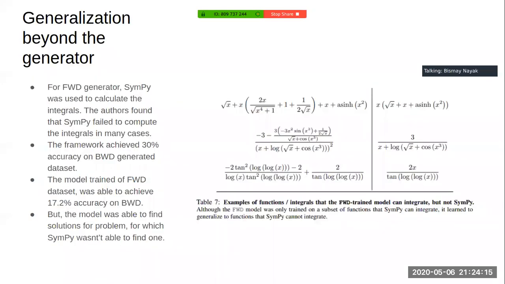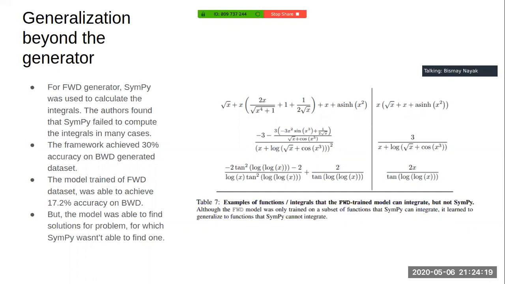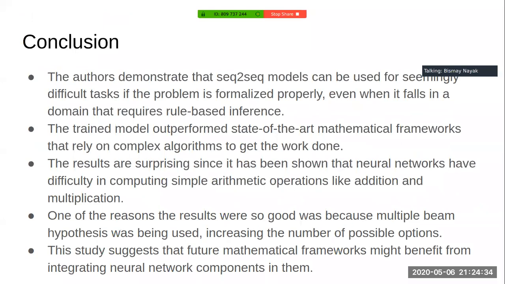We can see that for a problem that would be seemingly difficult and would require rule-based inference, we are able to achieve state-of-the-art accuracy without needing to do much. The authors were able to demonstrate that sequence to sequence models can be used for seemingly difficult tasks if the problem is formalized properly.